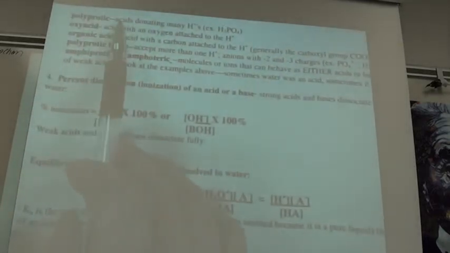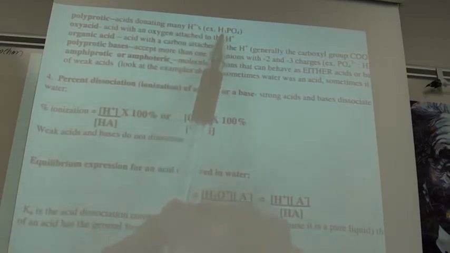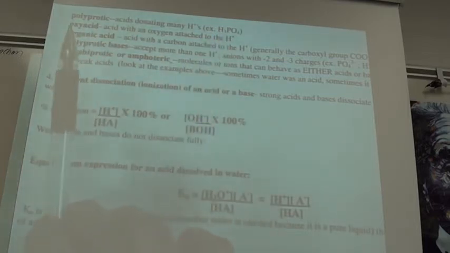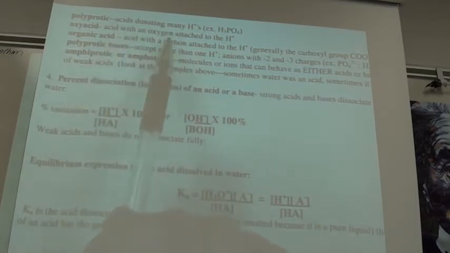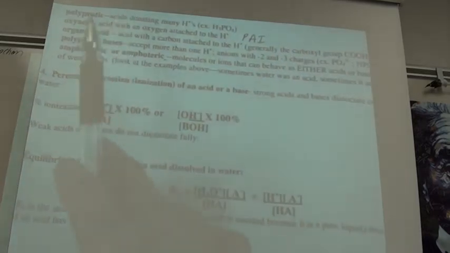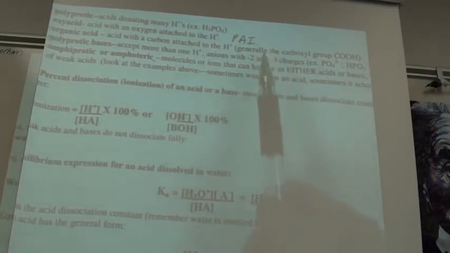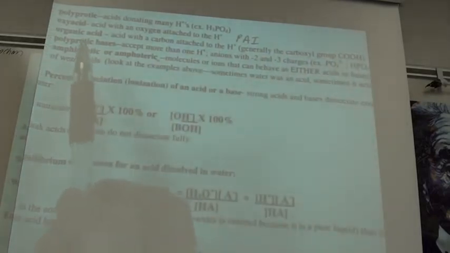Okay, a polyprotic acid is an acid that's capable of donating multiple hydrogen ions. A phosphoric acid is capable of donating 3. An oxyacid is an acid that has an oxygen attached to the H. That's an acid from a polyatomic ion. An organic acid is one that has carbon in it somewhere. We'll be using organic acids next week when we do a titration that is really kind of fun. You will enjoy it. Okay. A carboxyl group is attached to it.